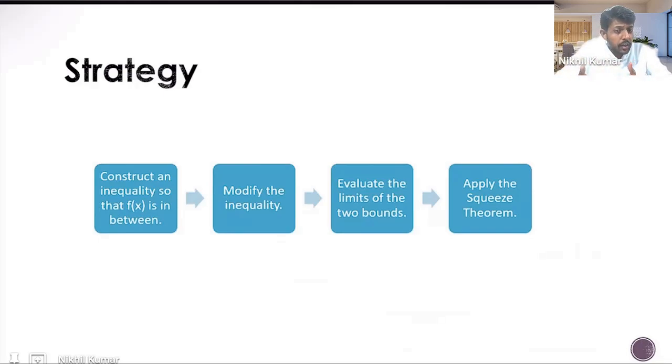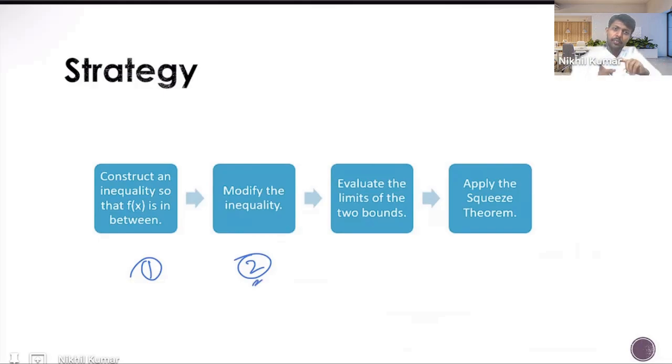If you're able to figure out an inequality, that means you will be able to apply the squeeze theorem. Step 1 would be to just create an inequality. Get it from somewhere. Think of something, get an inequality.